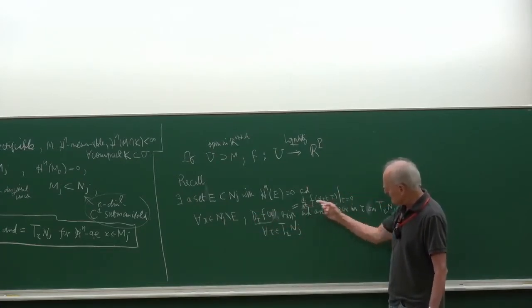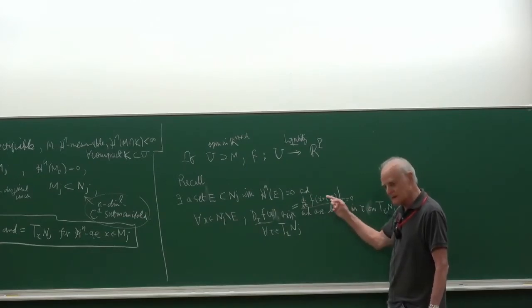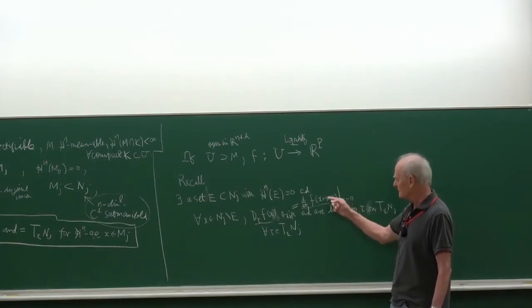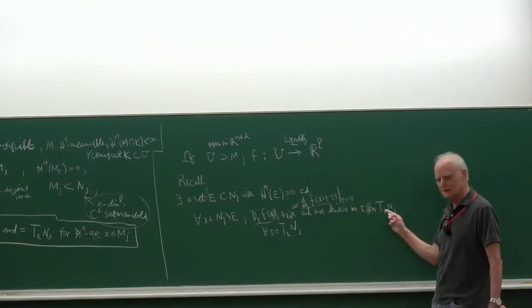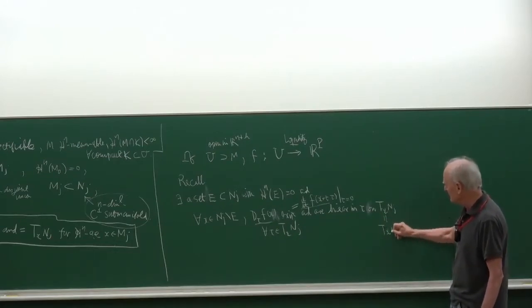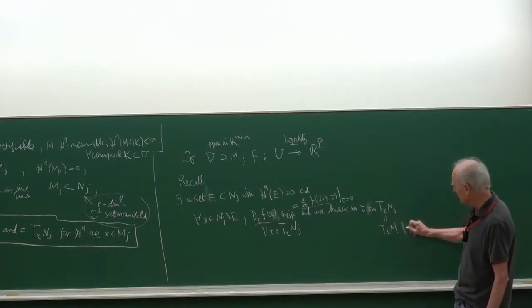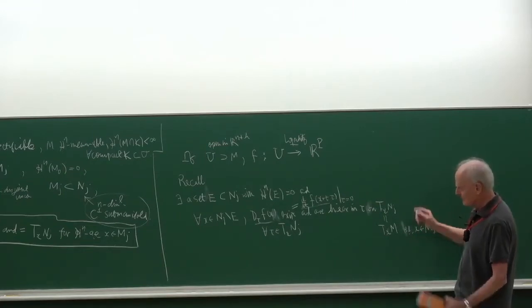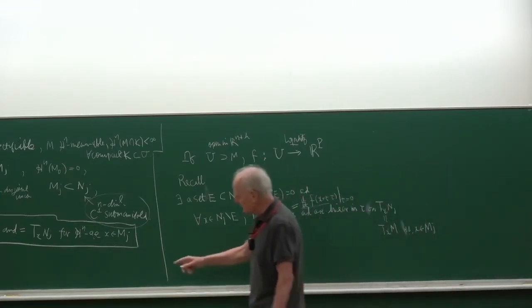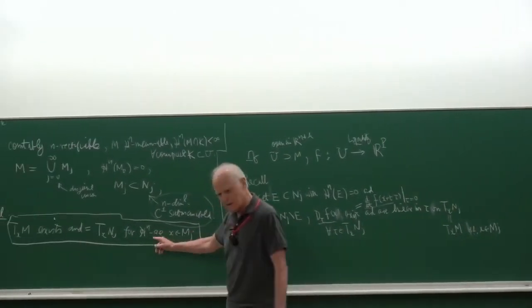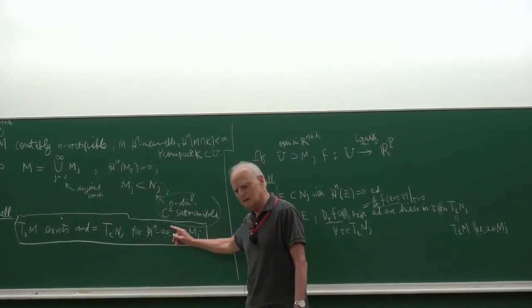Notice this expression doesn't depend on Nj. The tau's are in the approximate tangent space, which is the same as the approximate tangent space of M for almost every x in Mj. So we can now make the same statement about M.